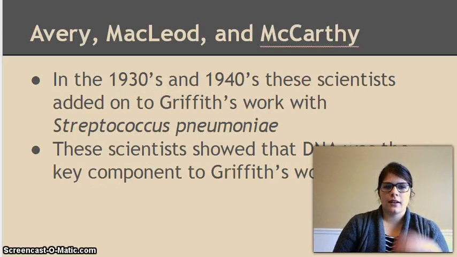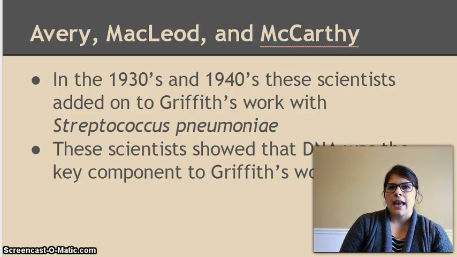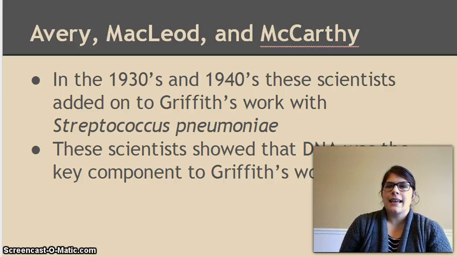Now, after Griffith did his experiment, 3 more scientists were very interested in his experiment, and these 3 scientists were Avery, McLeod, and McCarty. These scientists knew that Griffith had thought there was something within the cell that had to do with this, but they didn't know what it was.